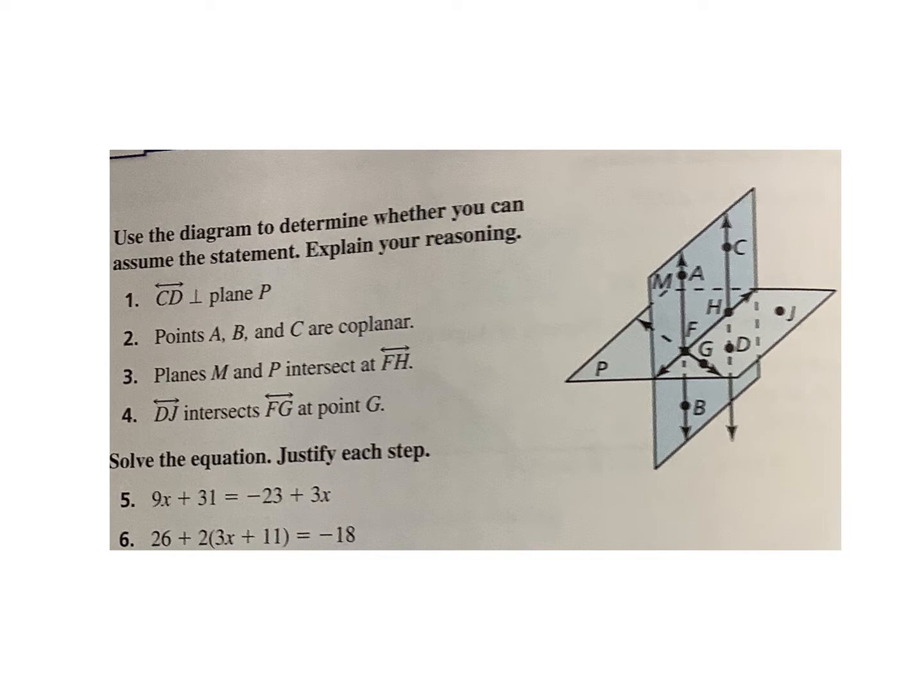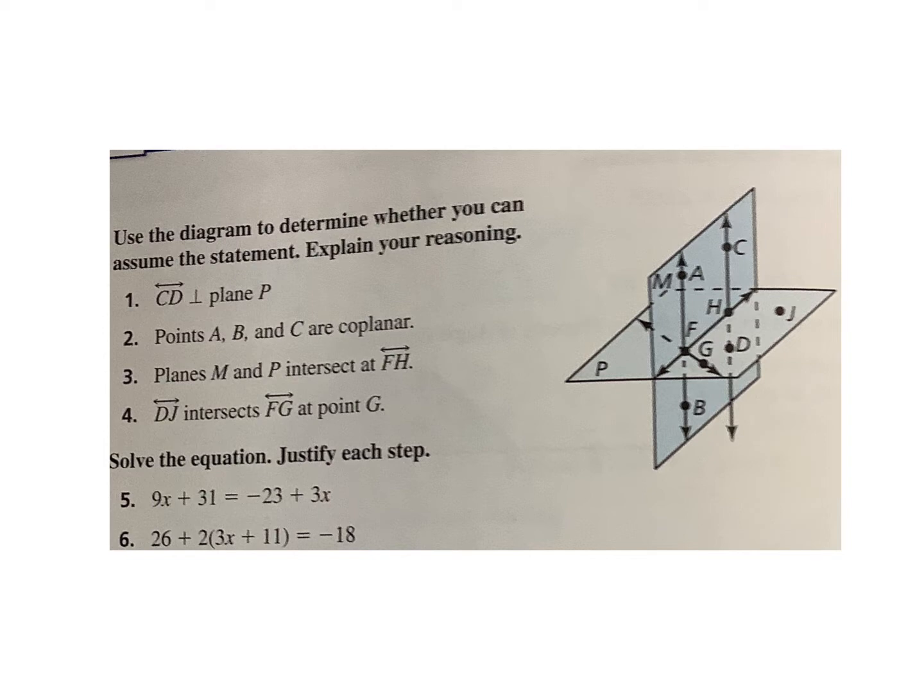Let this be your first lesson on assumption. You have to have a factual piece of information proving what you're saying. You're saying they're perpendicular, but there's nothing in that diagram that shows 90 degrees of any sort, which is what perpendicular means, okay? So you cannot assume CD is perpendicular.